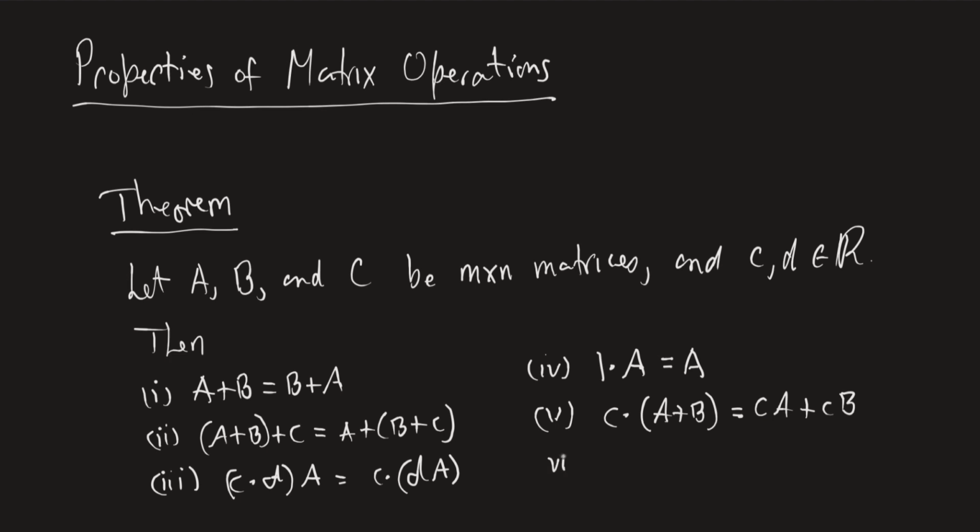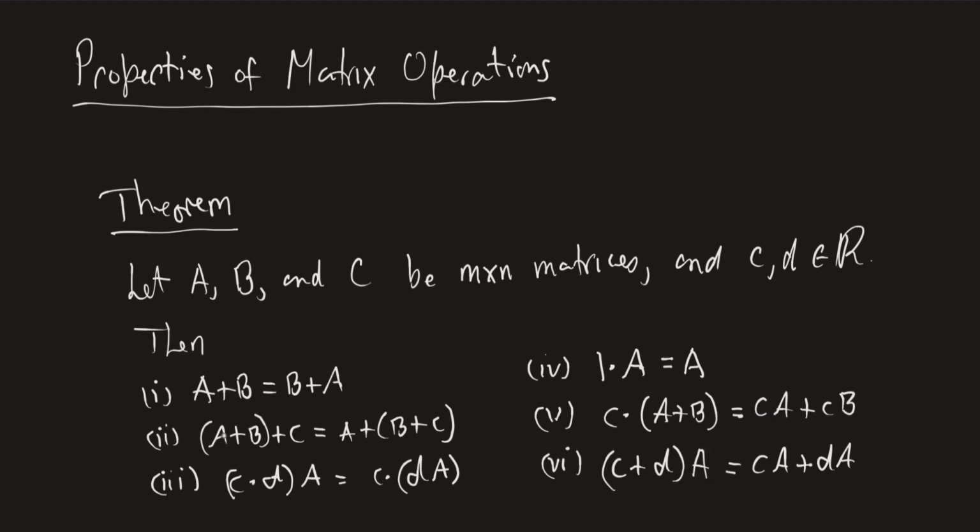And then finally, our sixth one: if we have c plus d, so we're adding our scalars and then multiplying the matrix, we get the same result if we scale A by c and then A by d and then add the results together.